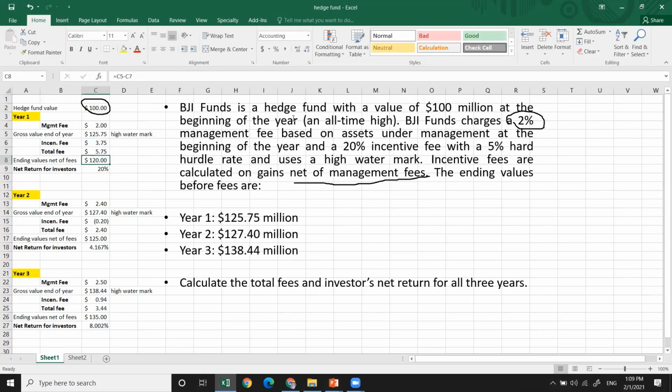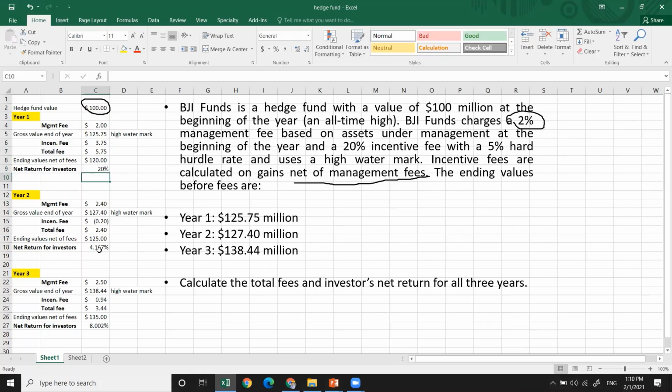So the ending value net of fees is 120 million. And the return for the investors is 120 minus 100 divided by 100. That will give you how much the investors are receiving in percentage terms. So 20%, which is higher than 5%.